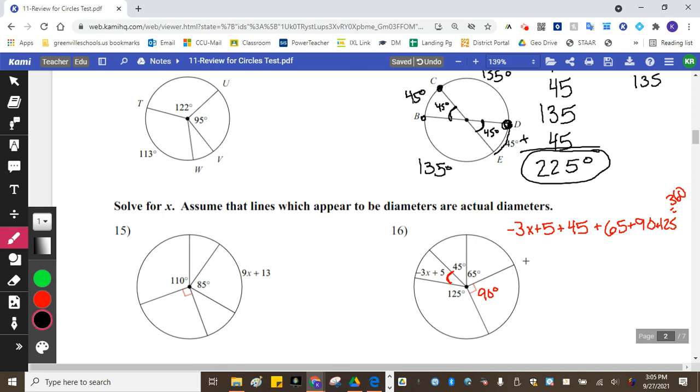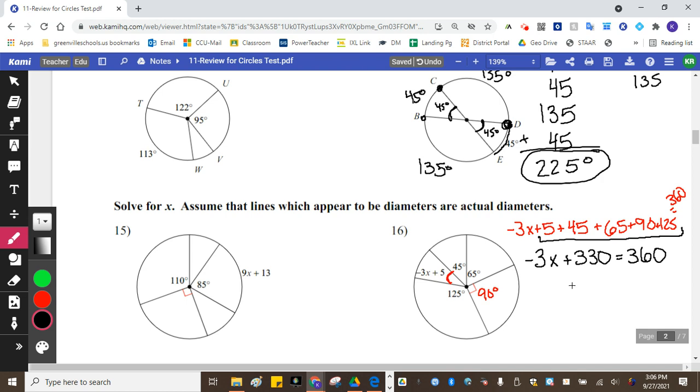I can't do anything with my x because it's the only x, and then all of these other numbers I can add together. 330. Do we believe him? Yes. So 45 plus 65 plus 90 plus 125 equals 330.